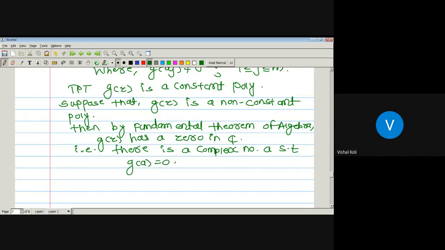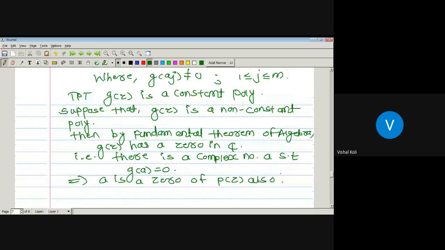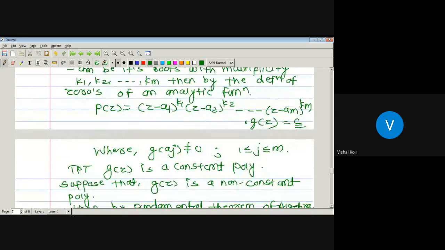As a is a zero of g of z, then a must be a zero of p of z also, since p of z is nothing but this one into g of z. As g of a is 0, then p of a is also 0.